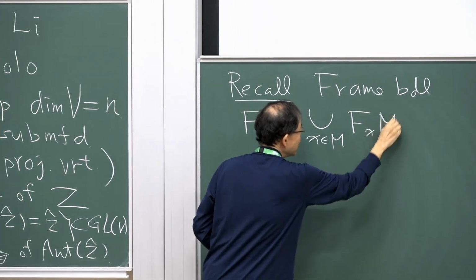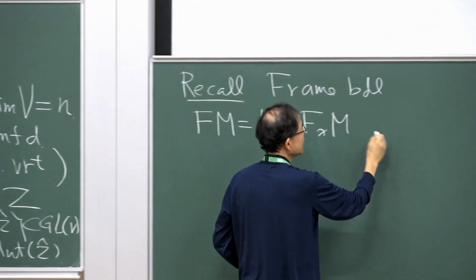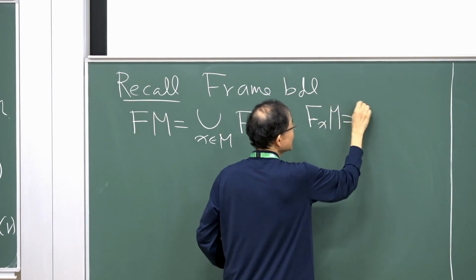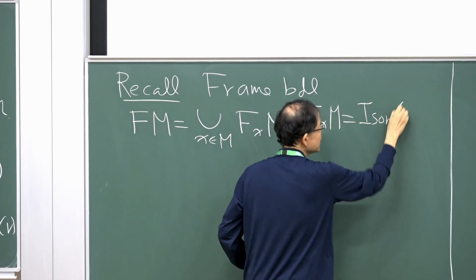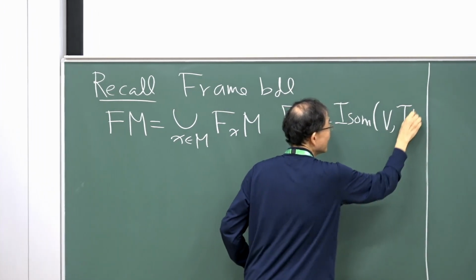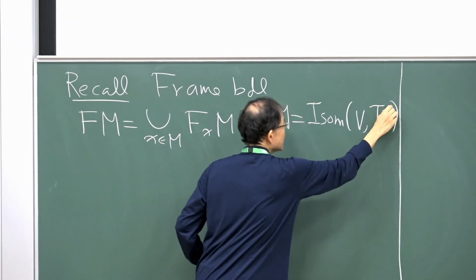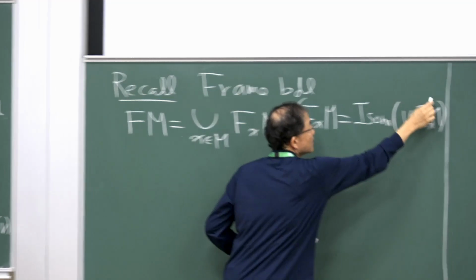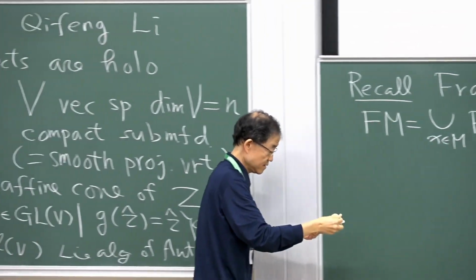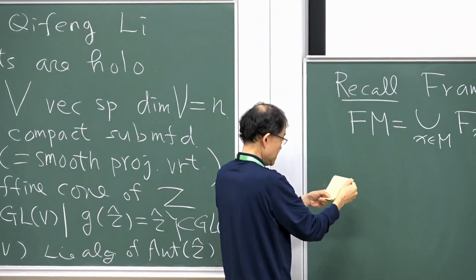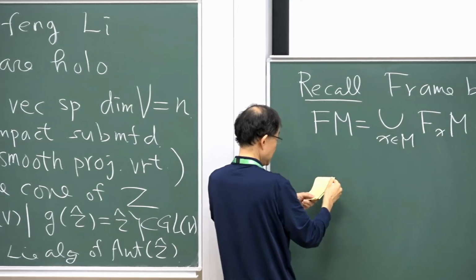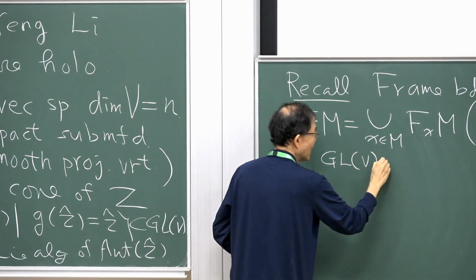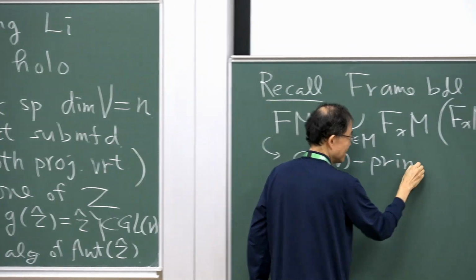It is the union of frames at each point, and a frame at a given point just means the set of linear isomorphisms from V to the tangent space. And then this is a GL(V) principal fiber bundle.